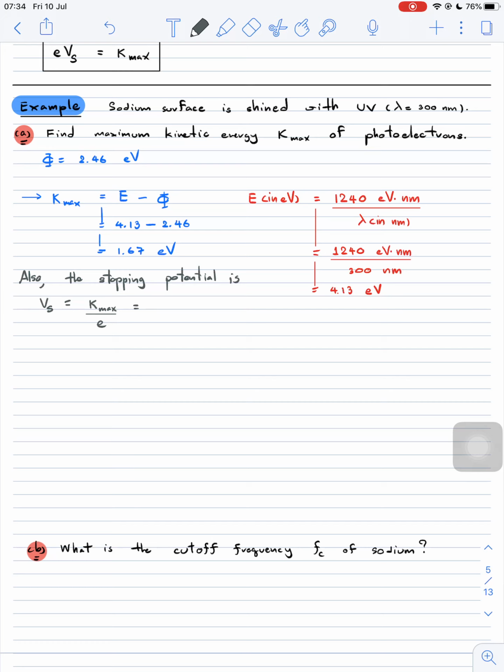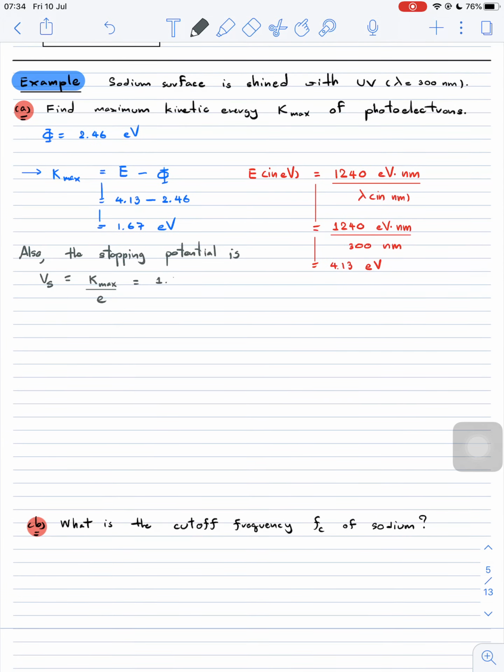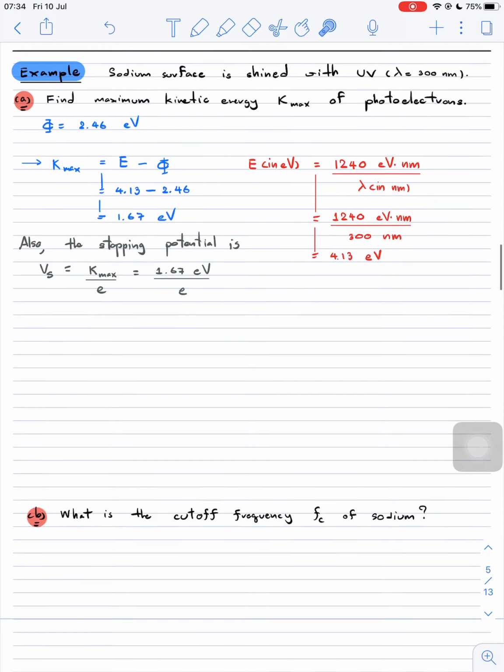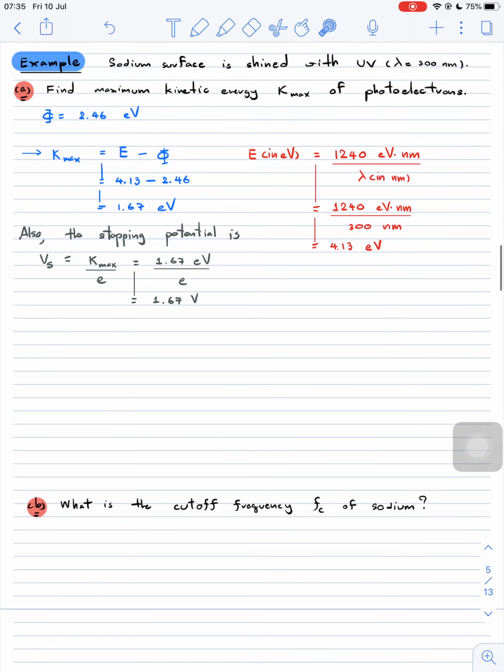The Kmax is just 1.67 electron volts over the e. Now you can see that the electron charge just cancels out, and we have the stopping potential equal to 1.67 volts. So this will be the stopping potential in this case.